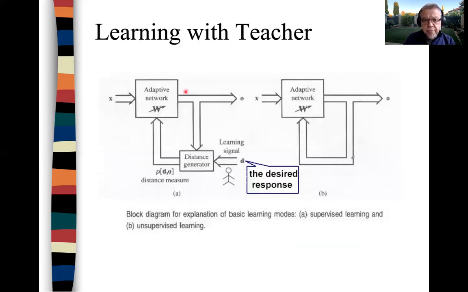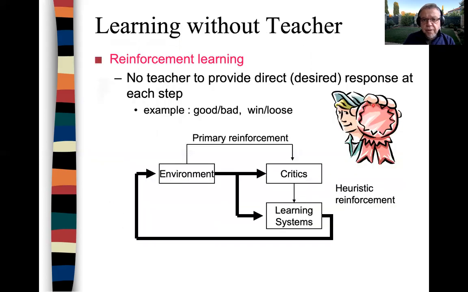Again, this is with teacher, without teacher. You have another paradigm: besides supervised and unsupervised, you also have reinforcement learning. In this case, you don't have any teacher to provide a direct desired response at each step. For example, in the broom balancing problem, you have a broom and you want to excite it and then teach the system to keep it.